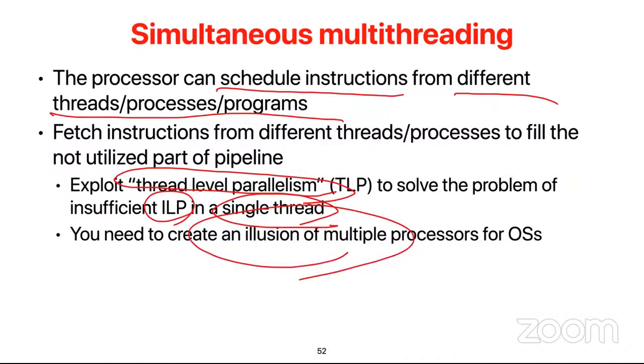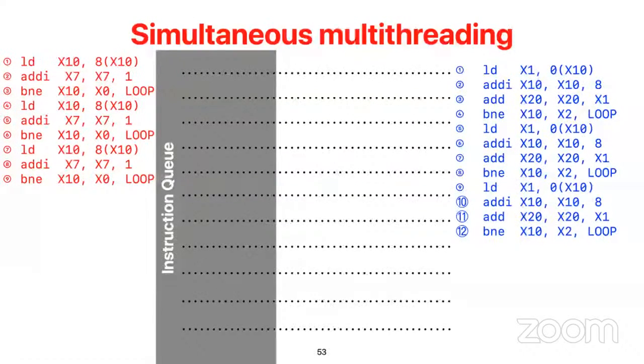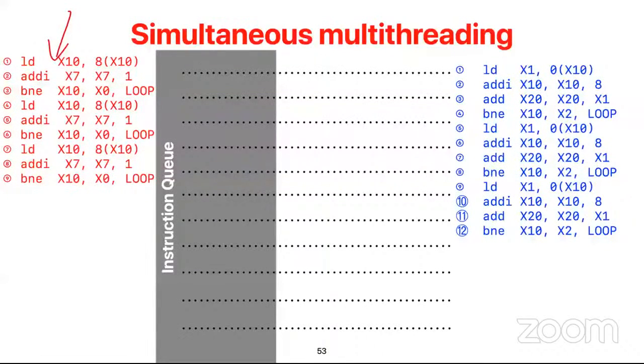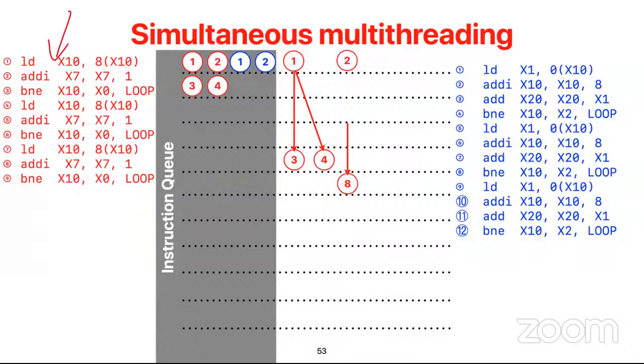So the left-hand side is our old friend, the linked list. If the linked list cannot fully utilize the hardware like this, then what if I fetch instructions from another thread like this? And if I figure out that I have free issue slots to use, I just schedule those instructions in my pipeline.